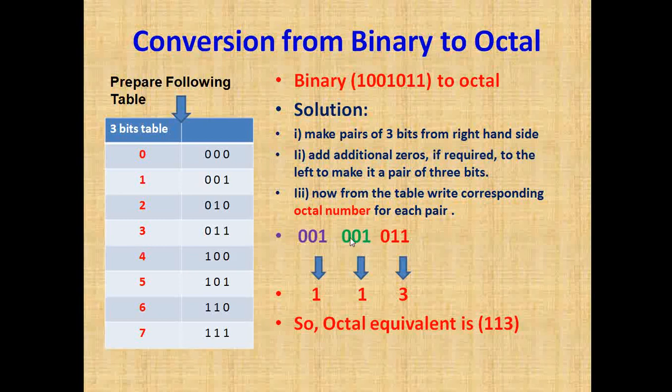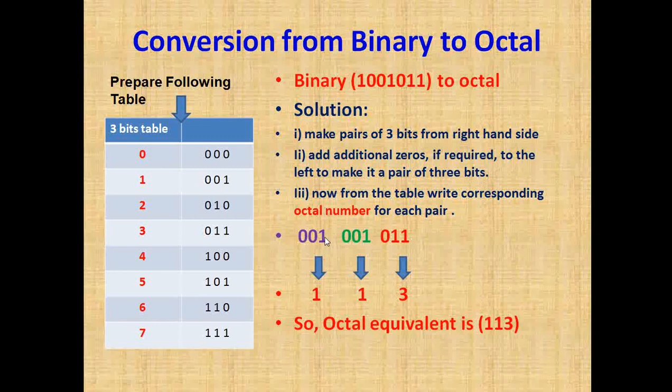Then we will have the third group, but since we have only one digit left here, that is 1, we have to convert this digit 1 into 3-bit form. Since we are left with only 1 bit, we will add additional zeros to the left if required to make it a group of 3 bits.